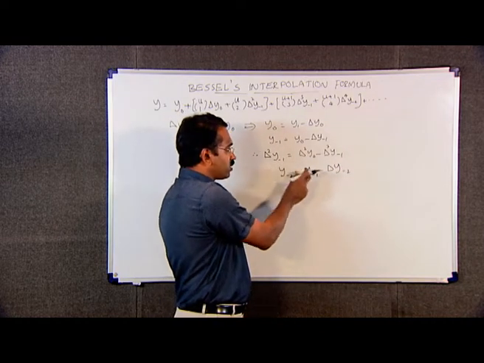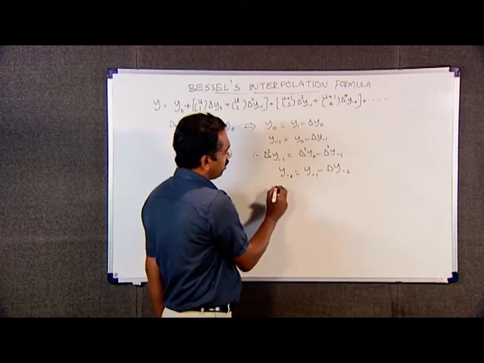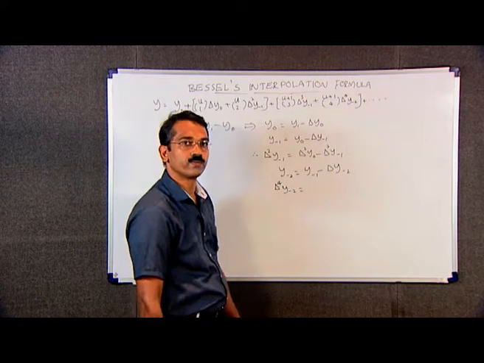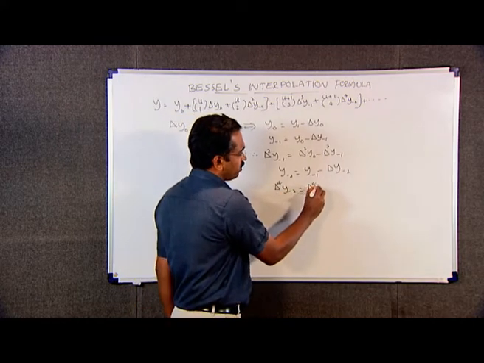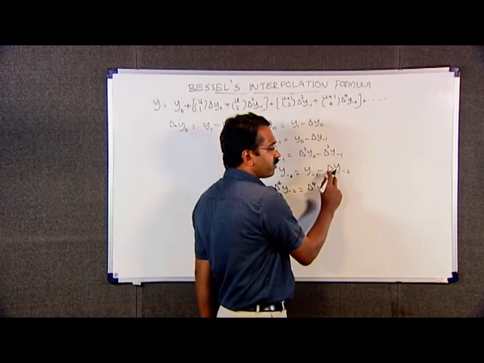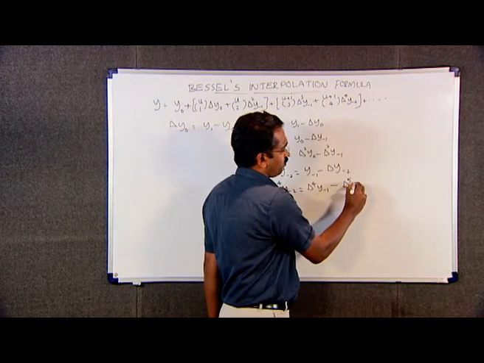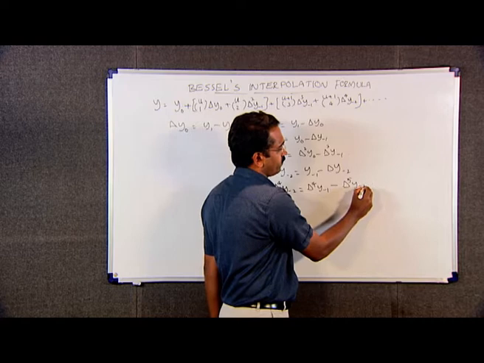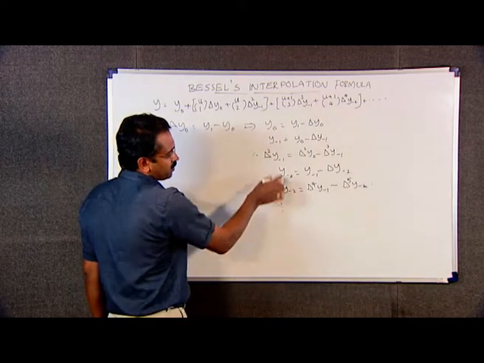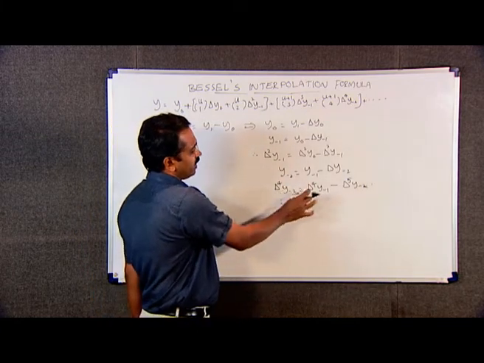Operating both sides by delta raised to 4, we can write delta raised to 4 y minus 2 is equal to delta raised to 4 y minus 1 minus delta raised to 4 of delta y minus 2, which means delta raised to 5 y minus 2, etc. In this manner, we can express all the higher differences.